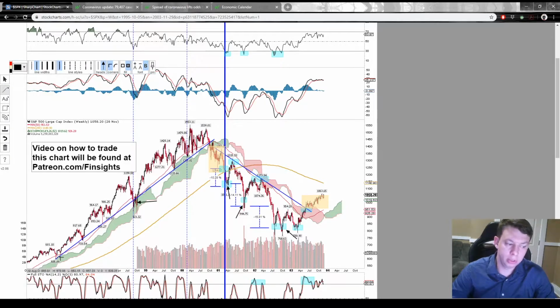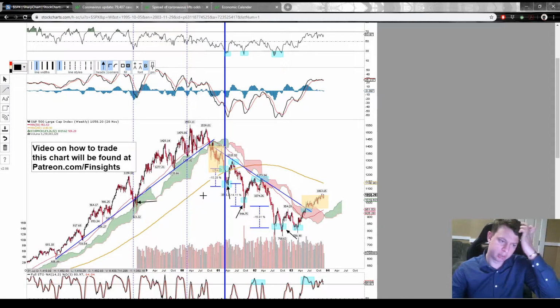The 50-week moving average follows the 200-day moving average very closely. So the 50-week moving average is my red line, and then this yellow gold line is the 200-week moving average. Typically, I don't pay a ton of attention to it, but it's good for some kind of primary trends, depending on the stock you're looking at.